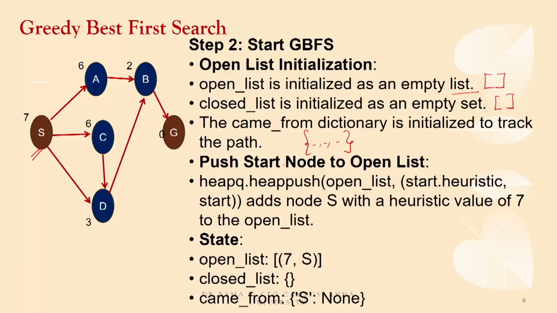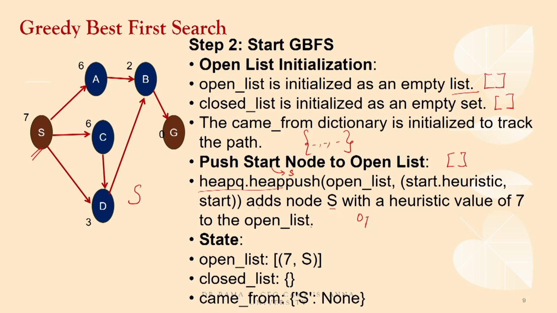So, these three things. Now, at the start, push the S node, the start node, to this open list. Once we push the S node, this is the priority queue. This adds S with a heuristic value of 7 to the list.